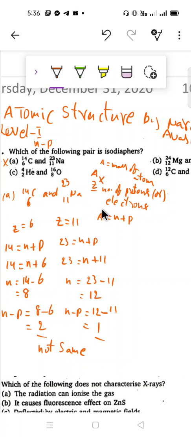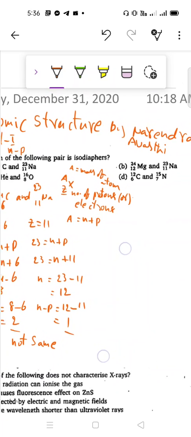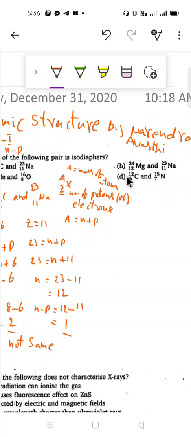Next, let us concentrate on another example, option B. Here the example contains magnesium 24, 12 and sodium 23, 11. For sodium we already saw N minus P is equal to 1.